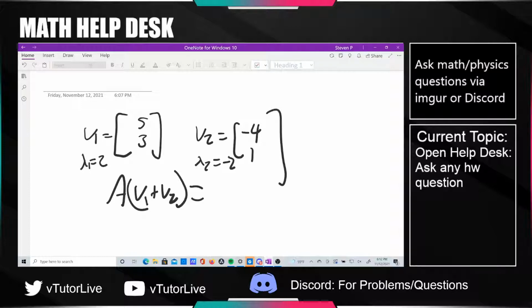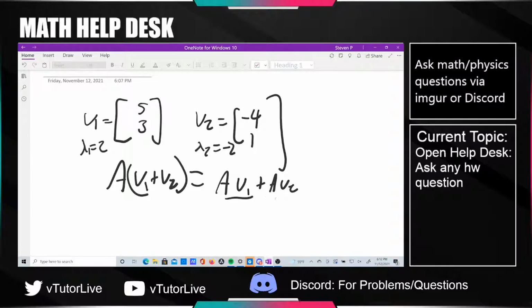So by the definition of linearity, this is equal to AV1 plus AV2. And because they are eigenvectors, you have a very special property that AV1 is equal to lambda 1 V1, AV2 is equal to lambda 2 V2. So from there, you should be able to figure that out, yeah?